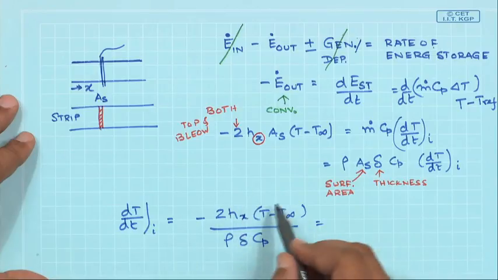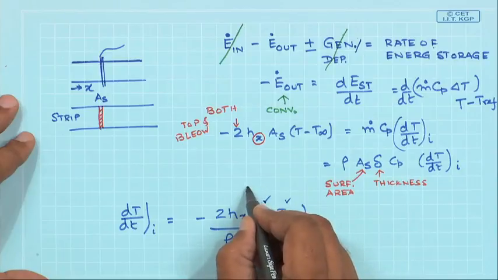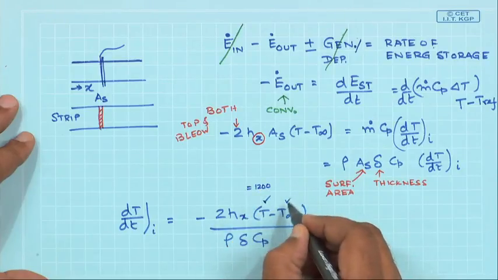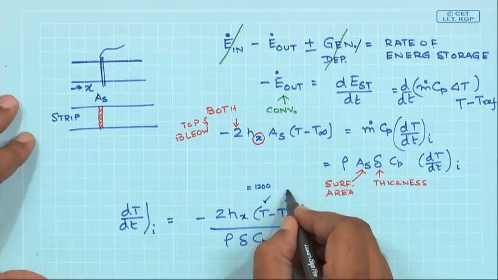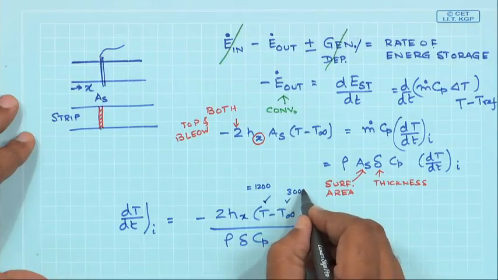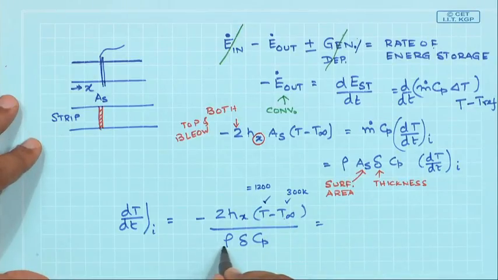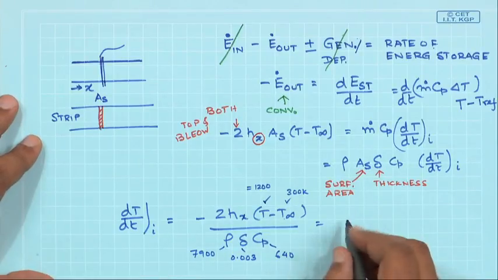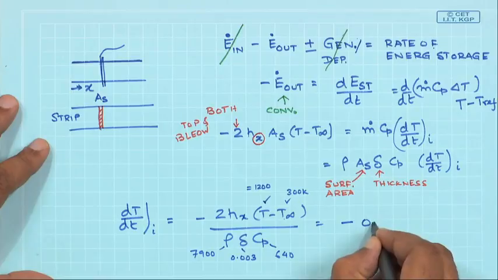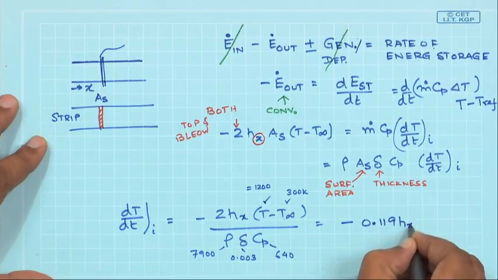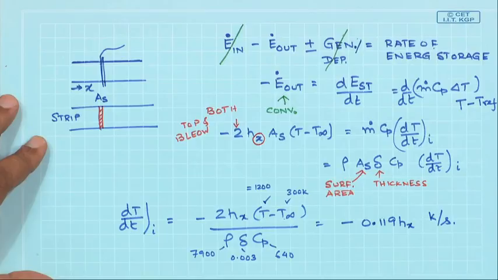So, when you put the values, T is equal to 1200, T infinity is 300 Kelvin, that is the temperature of the ambient air. Rho is provided as 7900, delta is 0.003 and Cp is given as 640, all in appropriate SI units. This would simply be equal to 0.119 Hx Kelvin per second.